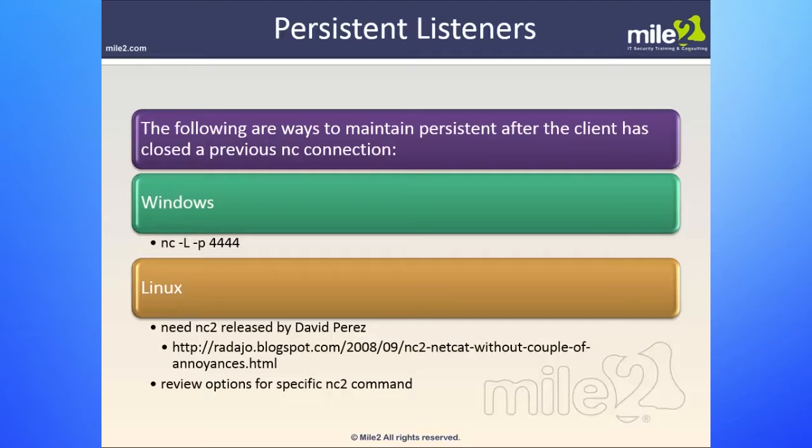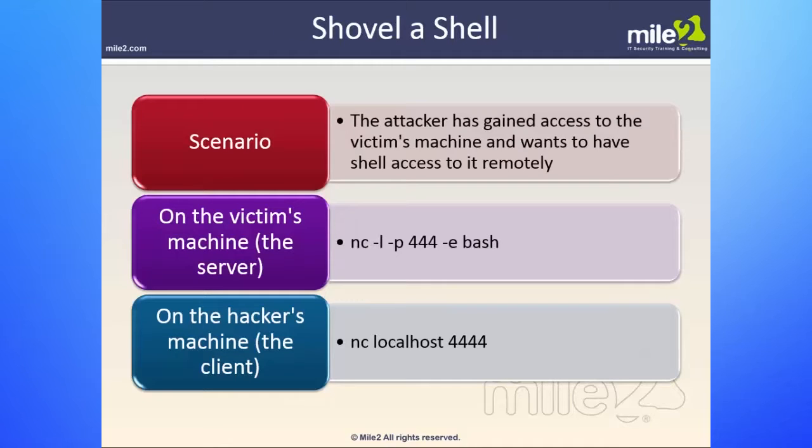Pretty cool stuff. Other things: shoveling of the shell. We got to see that in action within the second video. So the attacker has gained access to the victim's machine and wants to have shell access to it remotely. On the victim's machine, we would put in Netcat -l, in listening mode, and -p with the port number, in this case 444.